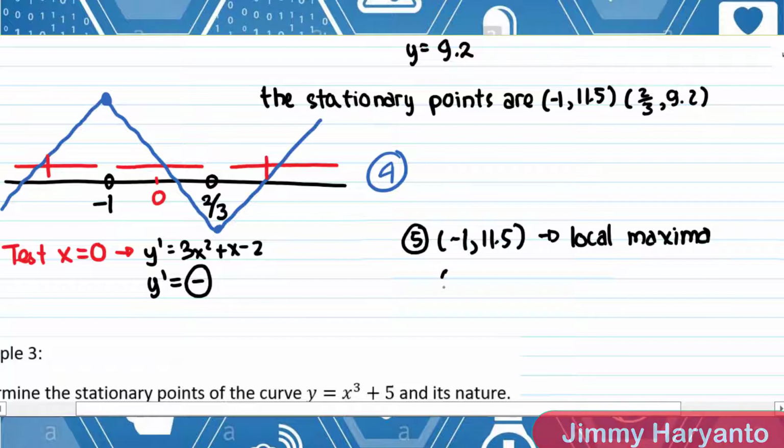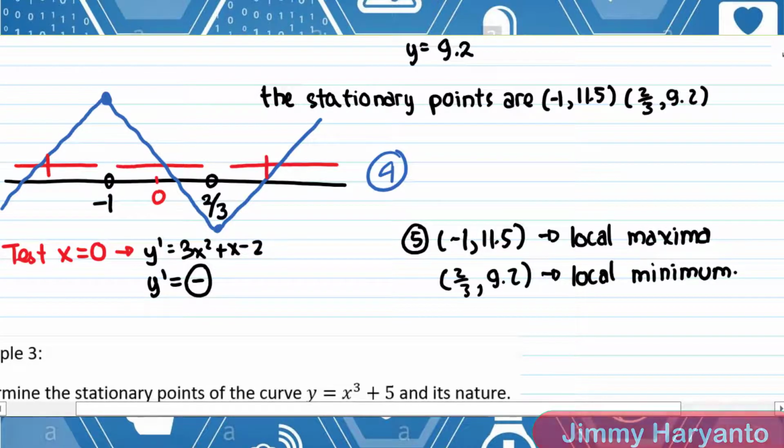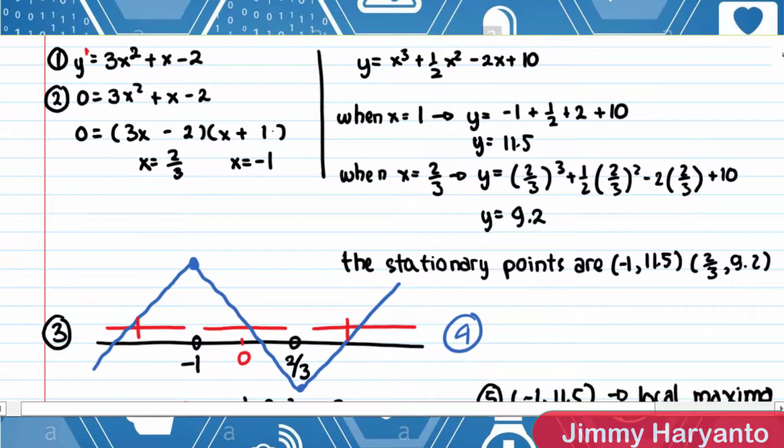And the point (2/3, 9.2) is at the bottom of the curve, so it will be a local minimum. There you go. That is how you find the nature of a cubic function.